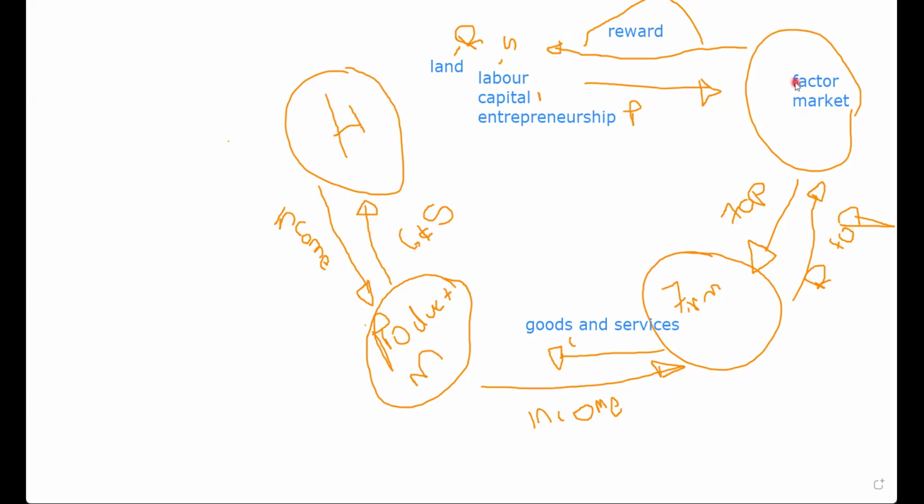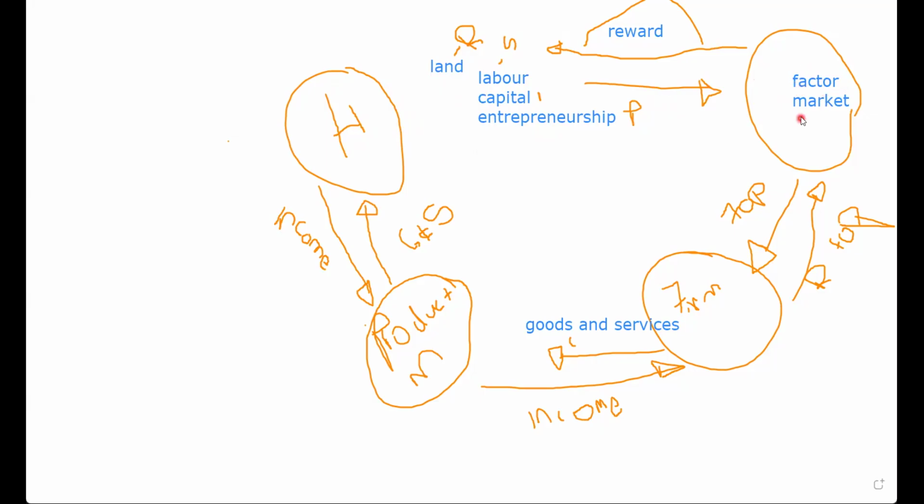As the name says, factor markets. And then in return, the factor market remunerates the households for their factors of production. Land gets rent, labor gets salary or wage, capital gets interest, and entrepreneurship gets profits.